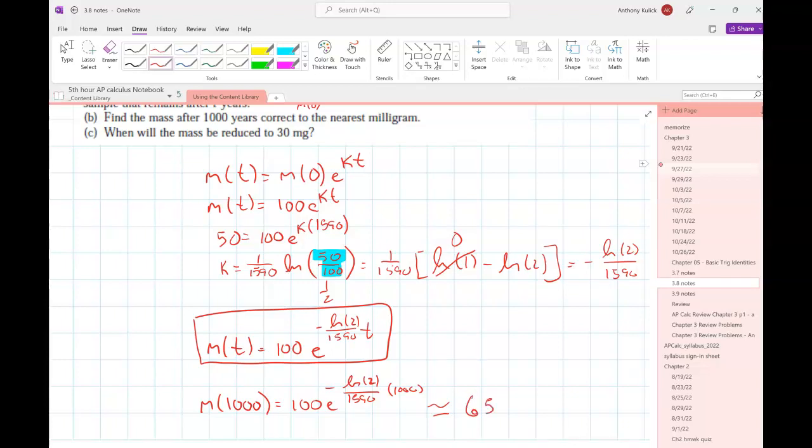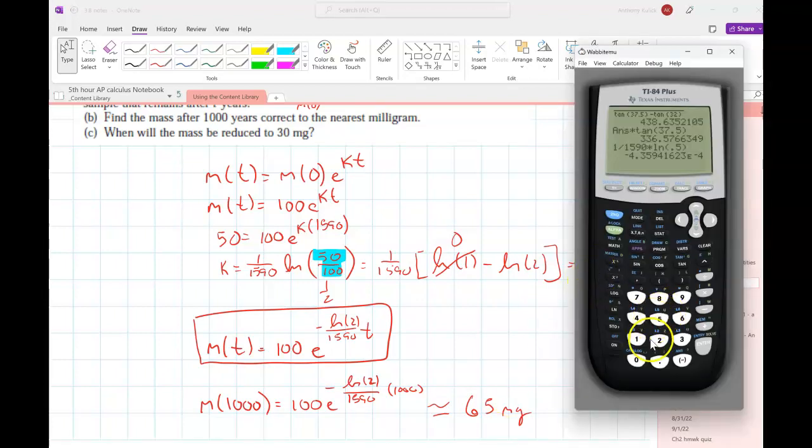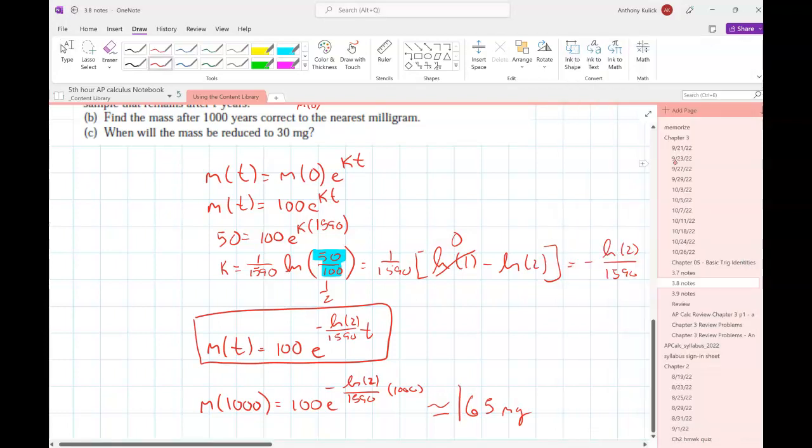So that's about 65 milligrams. Again, if you want to see that on the calculator, 100 times e to the that number times 1,000. Rounded to the nearest milligram is 65. Everybody cool there? No big deal, right?